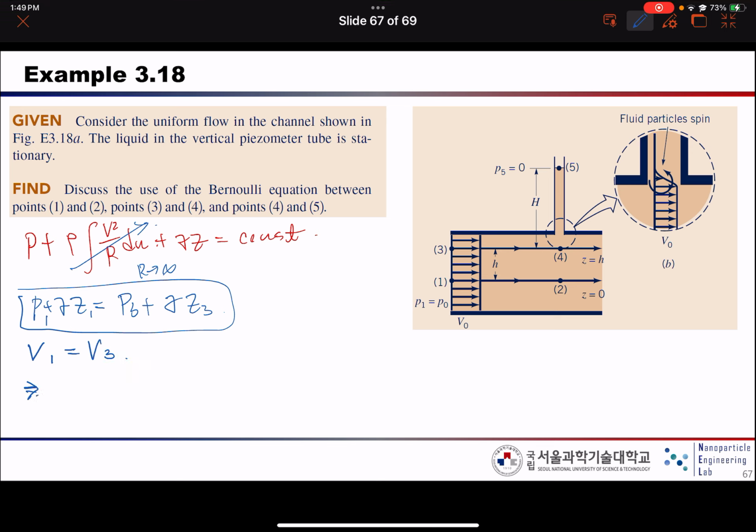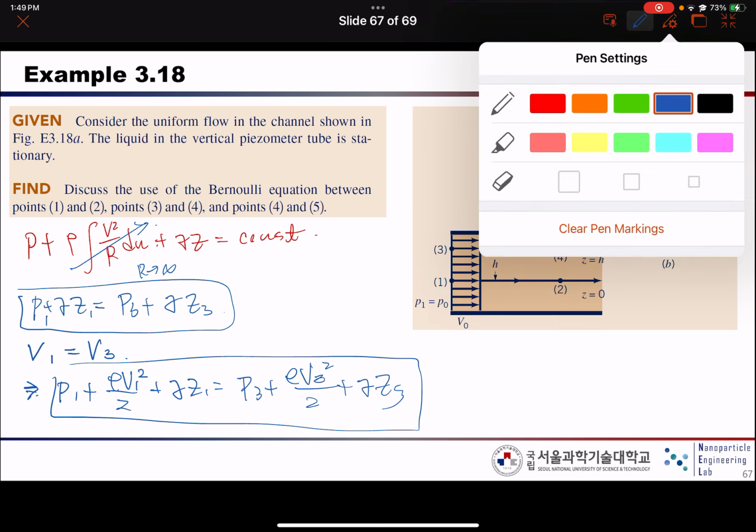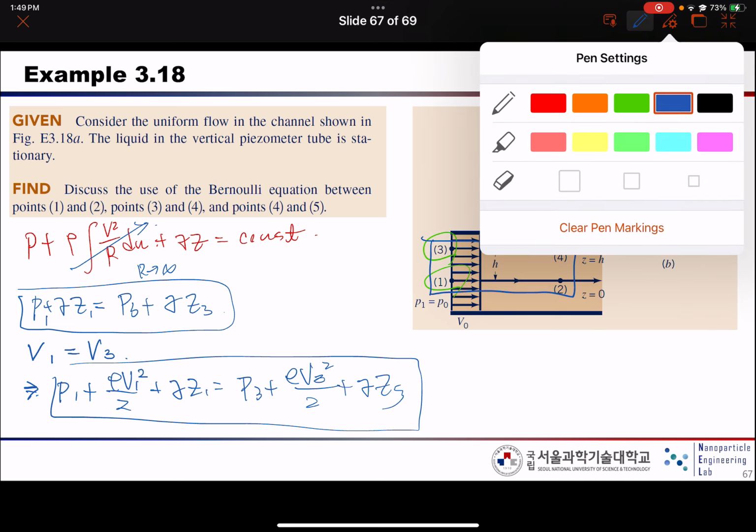So which means that P1 plus gamma z1 equals P3 plus gamma z3, we can also use the Bernoulli equation along 1 and 3 as well, right? So which means that 1, 2, 3, 4 is all connected.